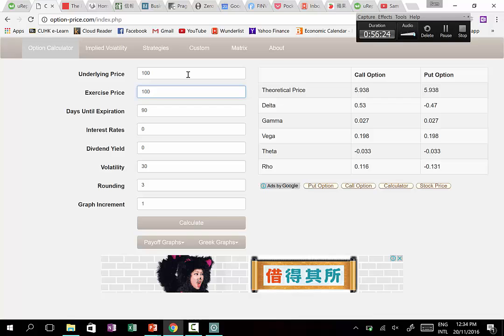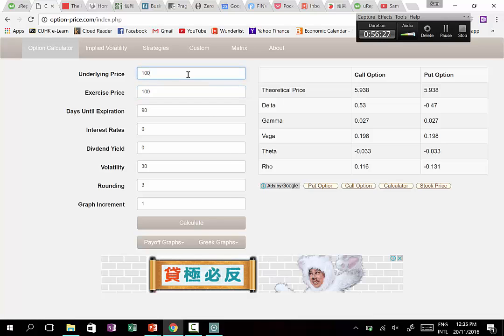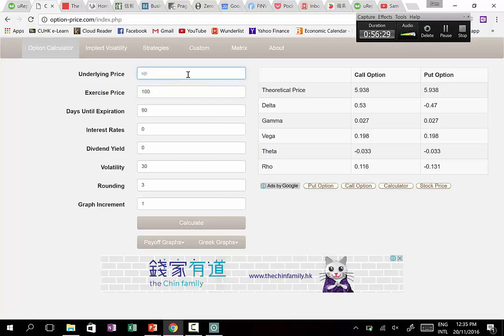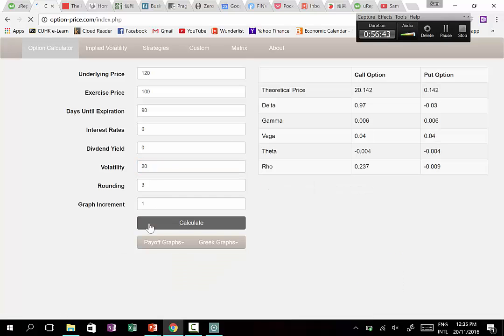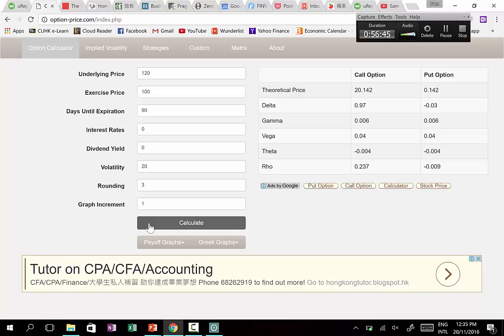Now, let's say the underlying price is now 120. Okay, now look at the call. I'm going to start at a vol of 20. So you have a call option which is deeply out of the money and priced at a vol of 20. And the vega is 0.04. You can see that, right?